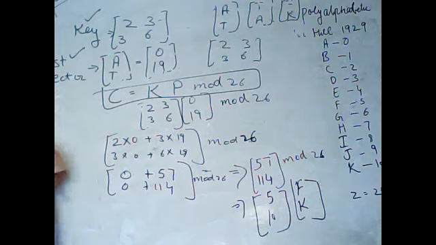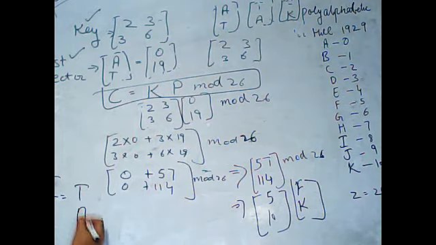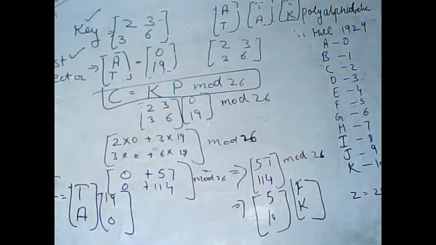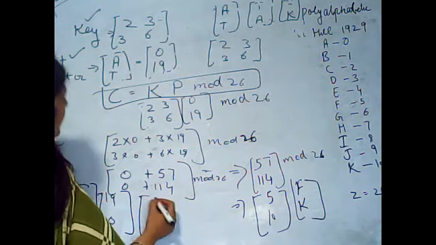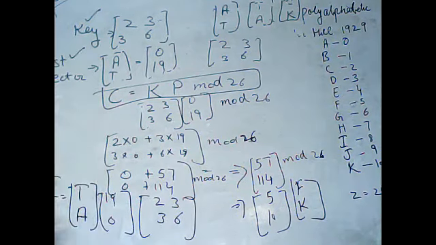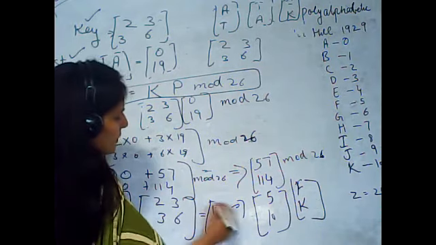Similarly, what is the next vector? The second vector is T, A. What is the value of T and A? The value of T was 19 and the value of A is 0. So again, after doing all those calculations, the values we get are 12 and 5.